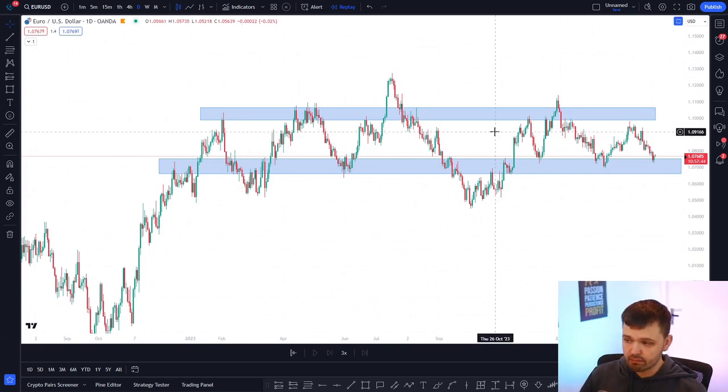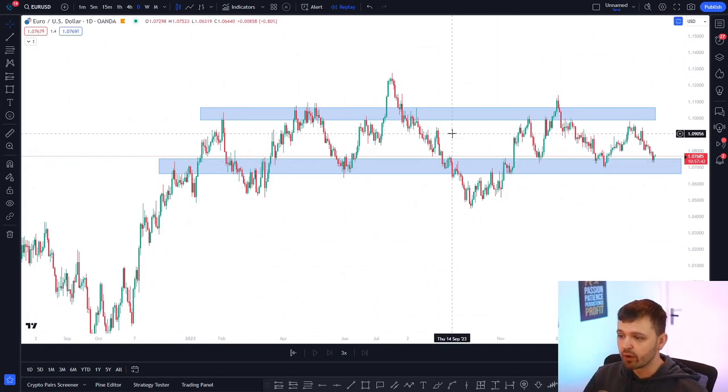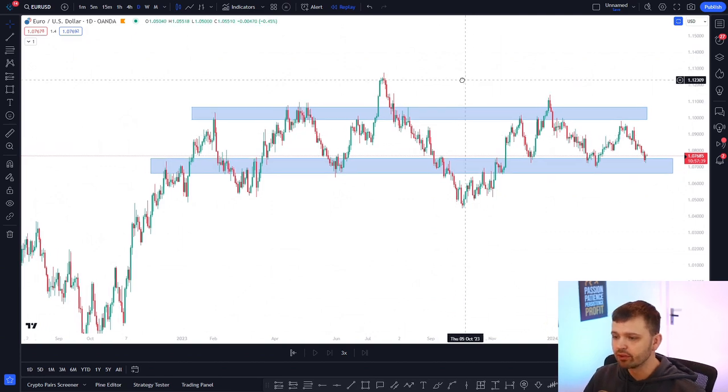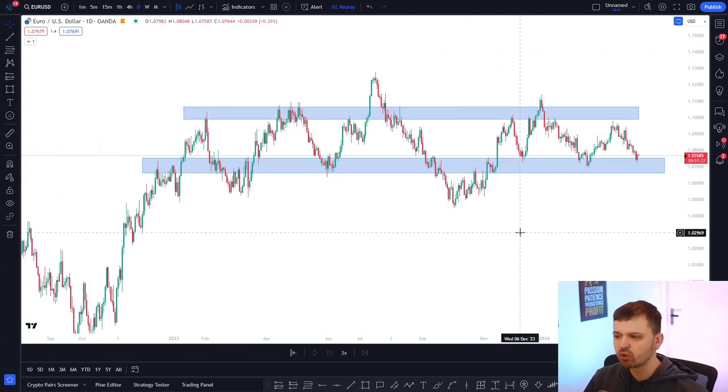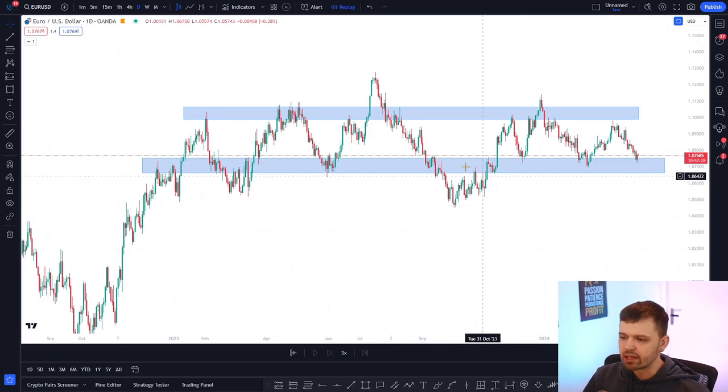Now, there are, of course, many different ways of trading a range, but one thing that I really like to do is to apply sort of a break and retest approach with somewhat of a local trend, but then incorporating the levels of the range.